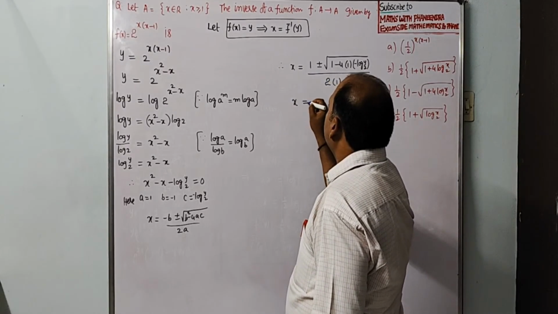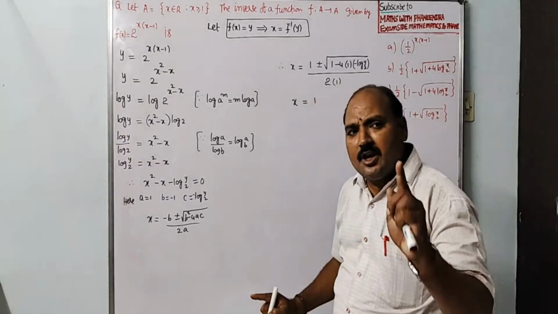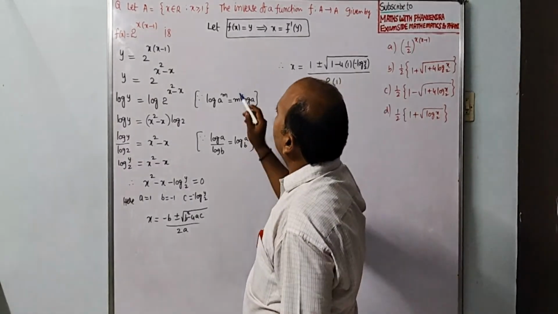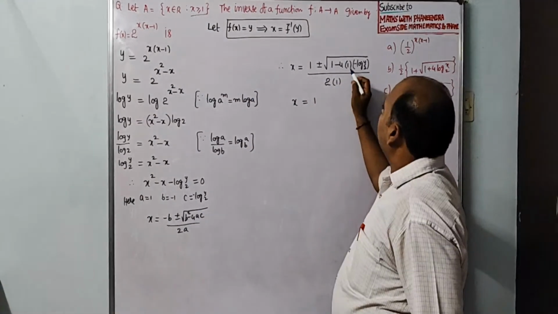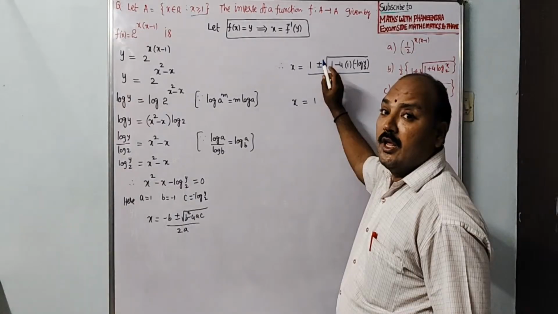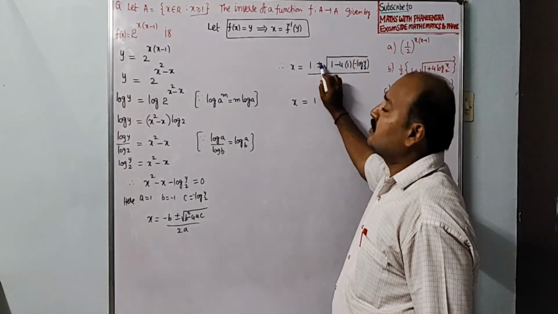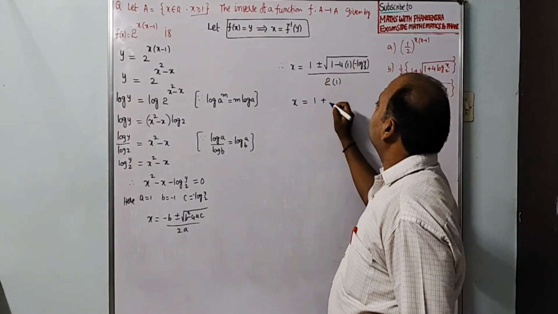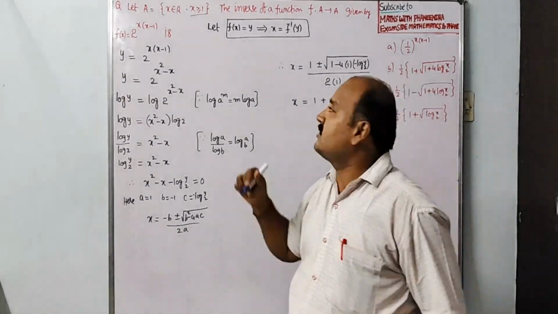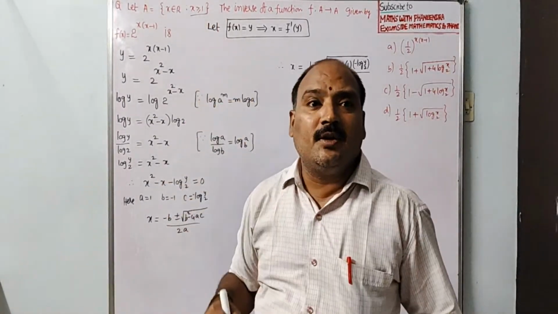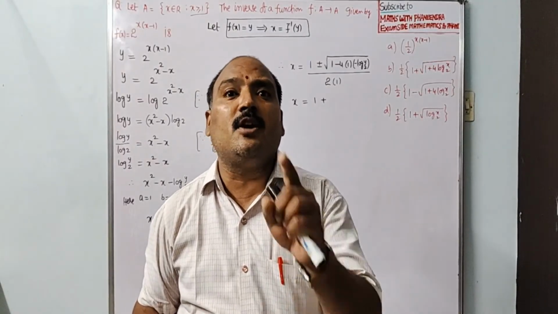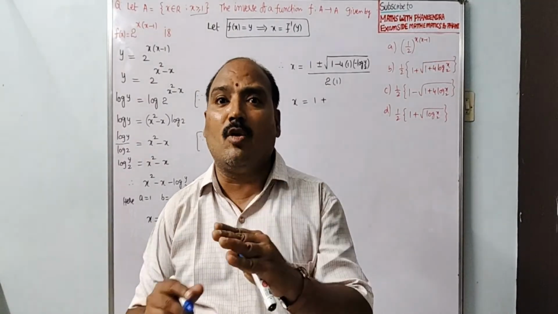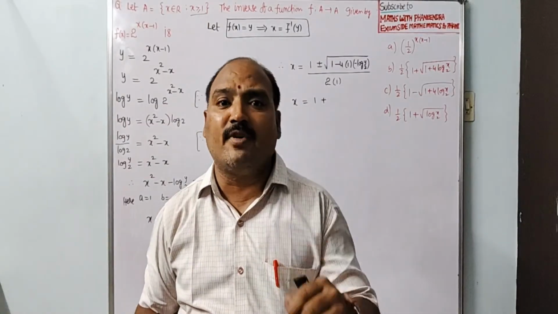So x equal to, here observe carefully, dear students, x is greater than or equal to 1 is there now, so we have to consider here plus only. You remember, it is plus only. So 1 plus. Why? Because the inverse of the function will exist uniquely, so we cannot find two inverse functions for the given function.